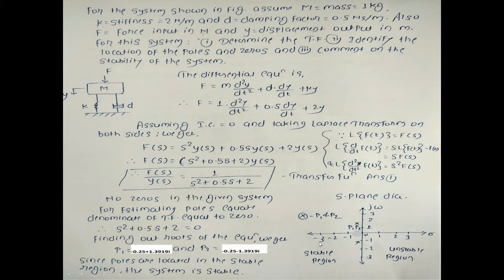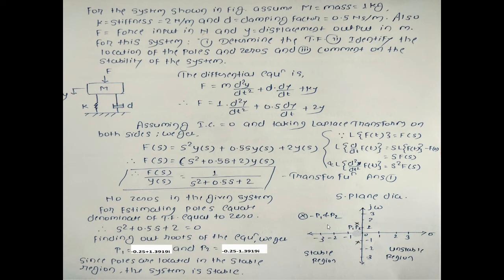Now, if the poles are located on the left side of the S-plane diagram, that region is the stable region, and if the poles fall inside the stable region, we can conclude that the system is stable.